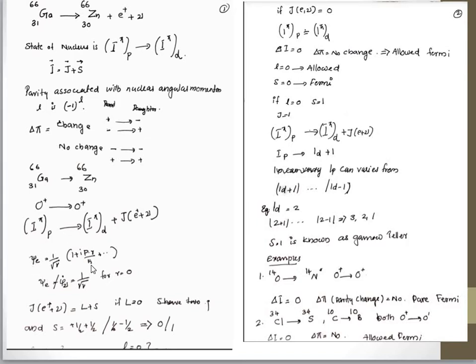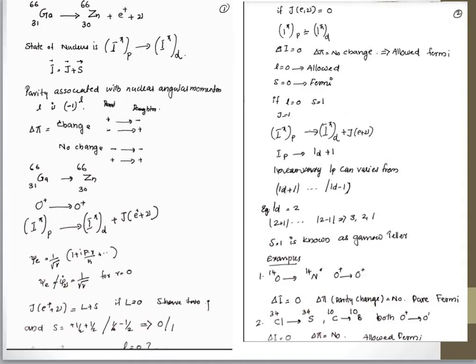When r is equal to 0, that is, we approximate psi e or psi nu as 1 by square root of V, then that type of beta decay is known as the allowed beta decay.